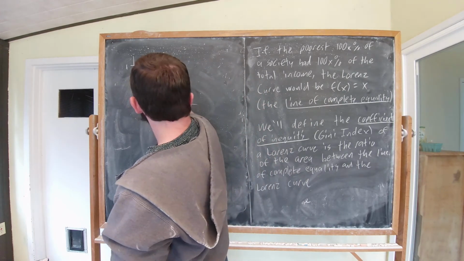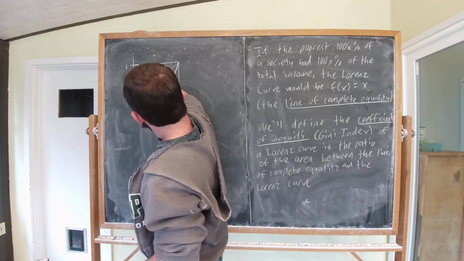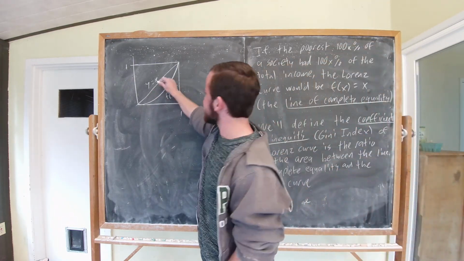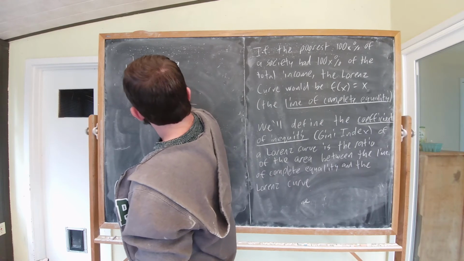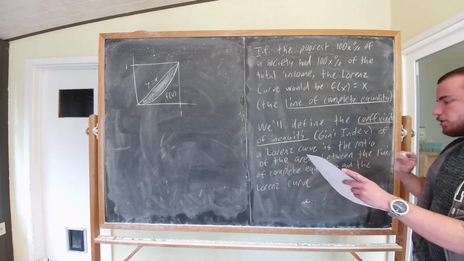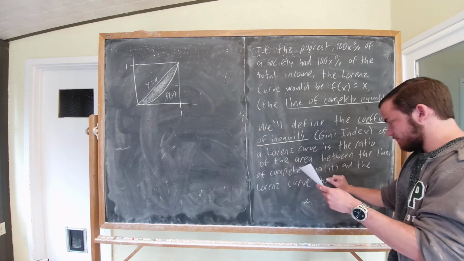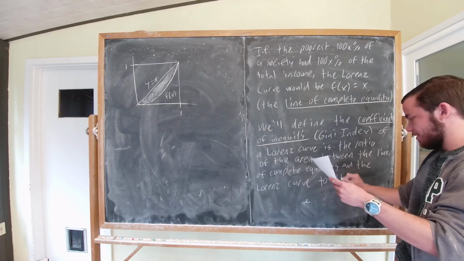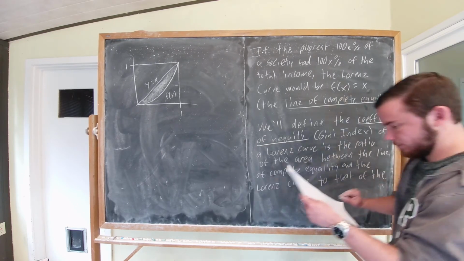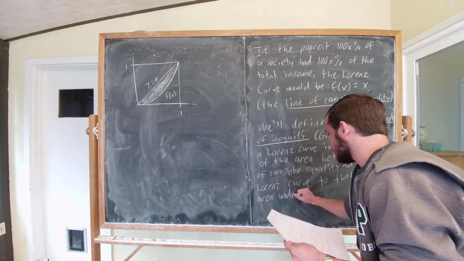If we make our Lorenz curve like this, we're saying, hey, take this area in between them, and we're going to take the ratio of that thing to the area under the line of complete equality.